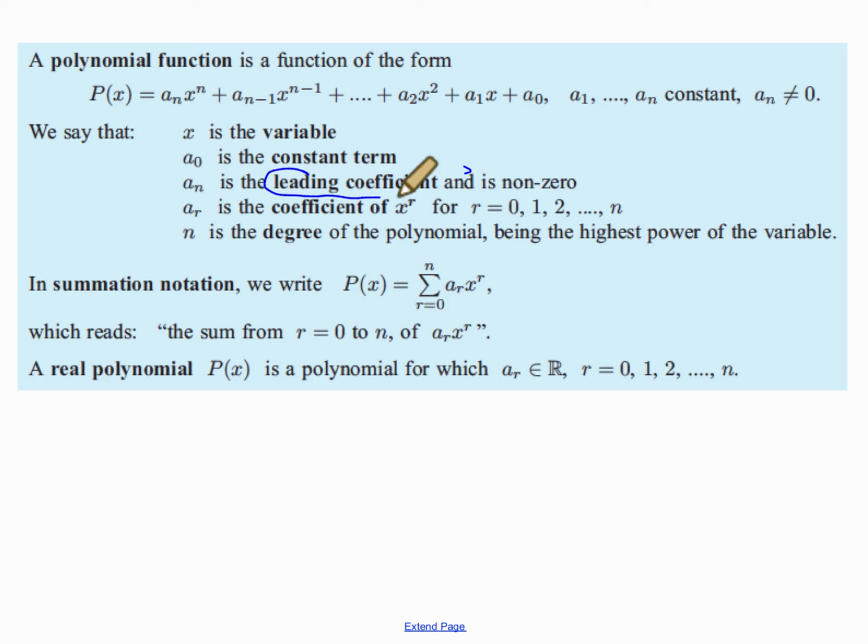Leading coefficient is always the coefficient that is with the variable with the greatest exponent, which in this notation is always going to be n, because it goes n minus 1, n minus 2, n minus 3, and they go all the way down to x squared, x to the first, down to the constant. a sub r is the coefficient of x to the r for r equal to 0, 1, 2, and n is the degree of the polynomial. So whatever the greatest exponent is, that's the degree of the polynomial.